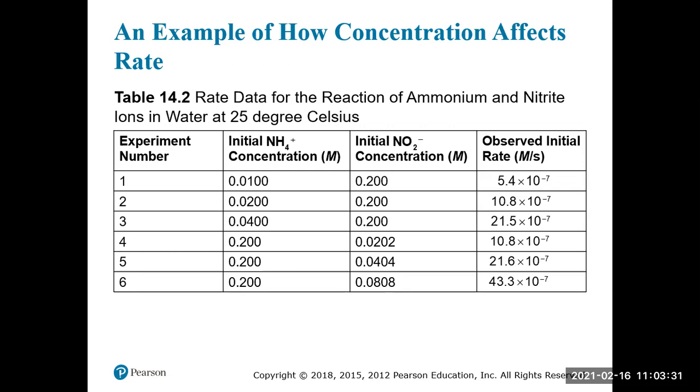And we see what the impact is of that doubling of the nitrite concentration on our rate. And we see once again we get essentially a doubling of the rate. We go from 10.8 to 21.6 times 10 to the minus 7, and then we go from 21.6 to 43.3 times 10 to the minus 7. So we see a doubling, similar to what we saw when we varied the NH4+.